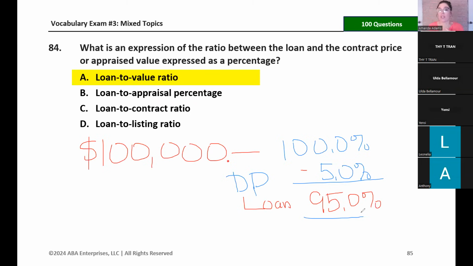That's how much the lender is loaning you. Do you guys see how that works? When lenders discuss loans, they discuss them in terms of loan to value ratio, LTV. Borrowers, we discuss loans in terms of down payment, how much we need out of pocket. That's what loan to value ratio is.